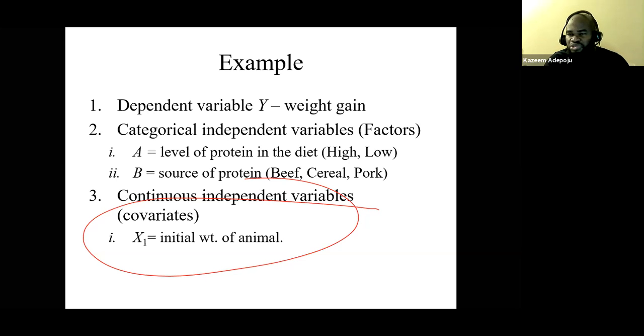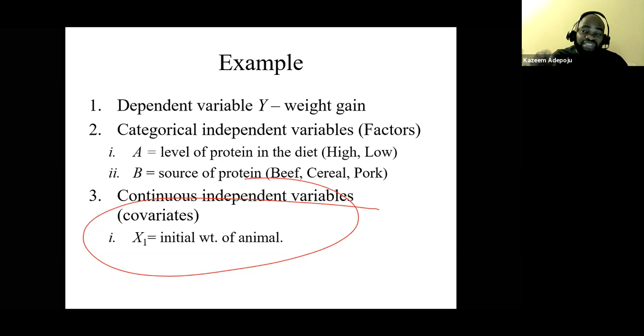That is very crucial. When you consider the final weight of the animal alone, you are doing analysis of variance. But when you take into consideration the initial weight of the animal before you give them this treatment, you are incorporating a covariate into the analysis of variance model, and you now have what we call analysis of covariance.